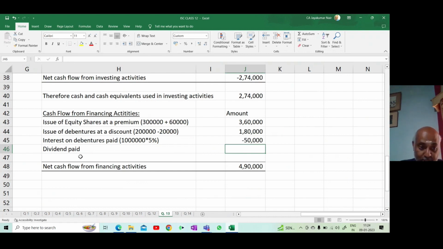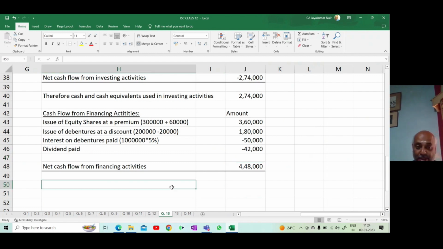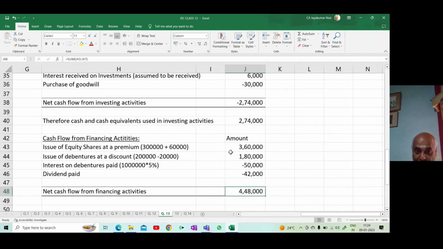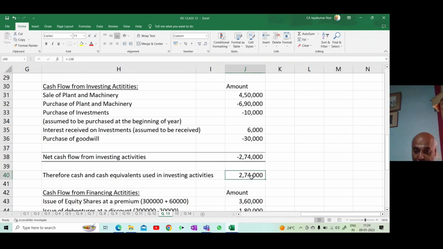Please remember, this is last year's dividend that you're paying now, minus 42,000. So this is your financing activities total, 4,48,000. So 4,48,000, and here investing activities 2,74,000.